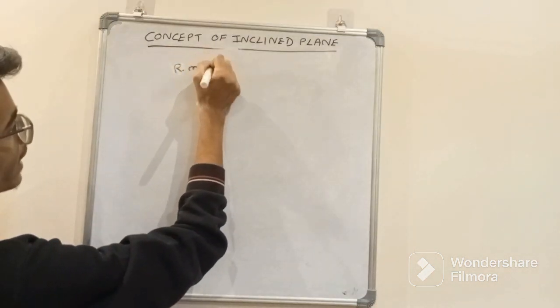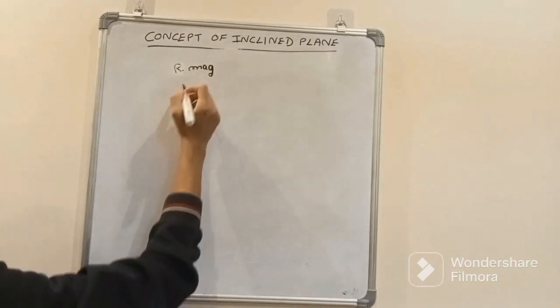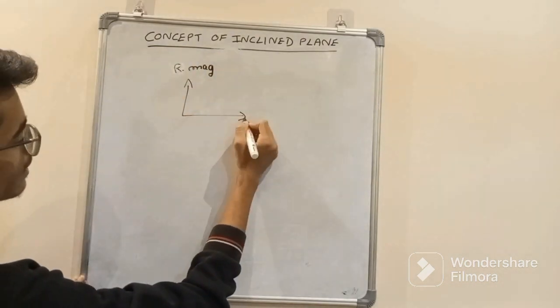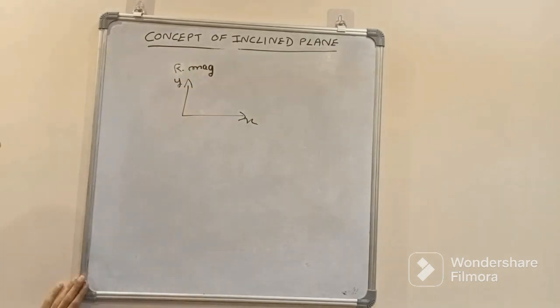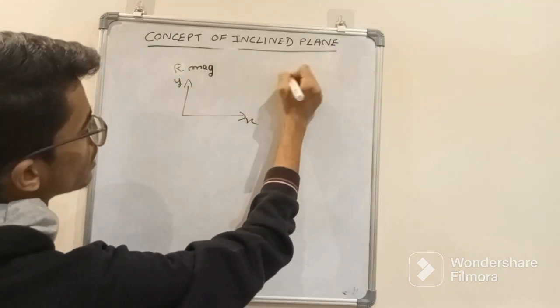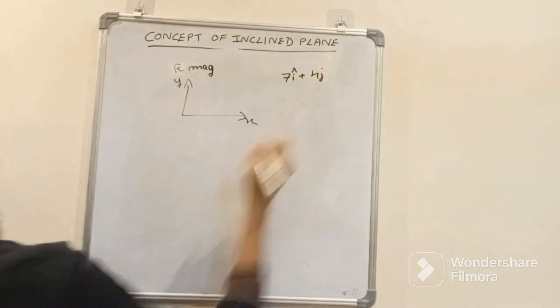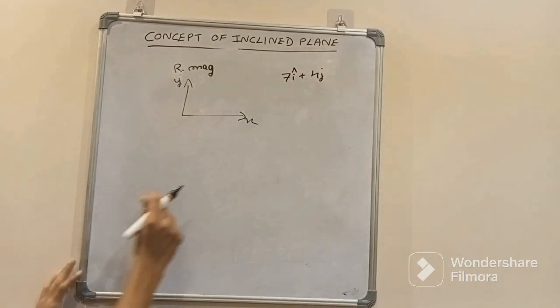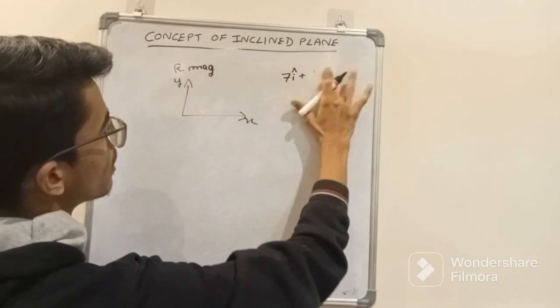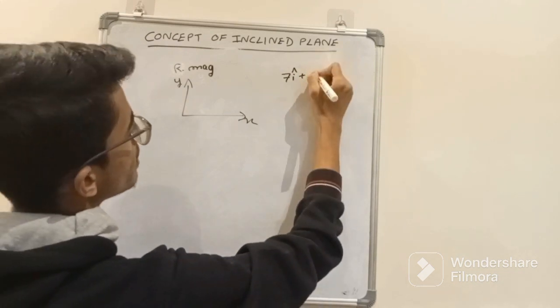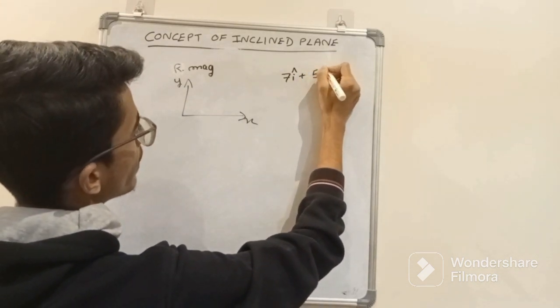Resultant vector का magnitude. So this was our x-axis and this was our y-axis. Our answer was 7i plus 5j cap.